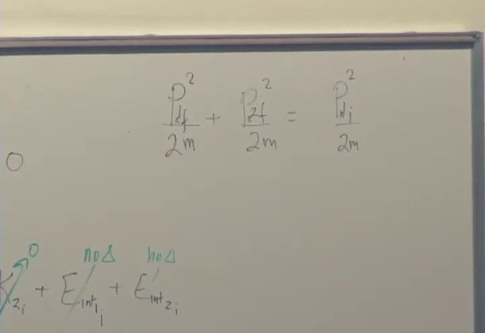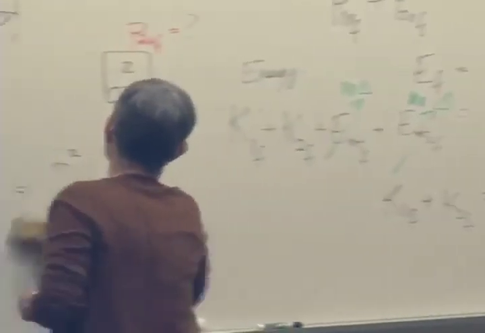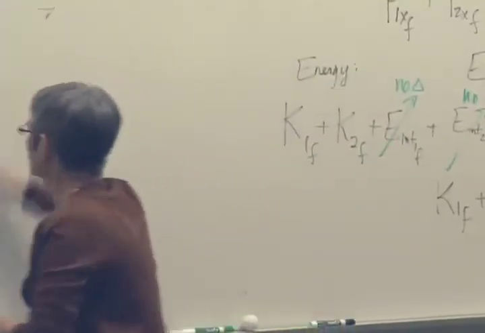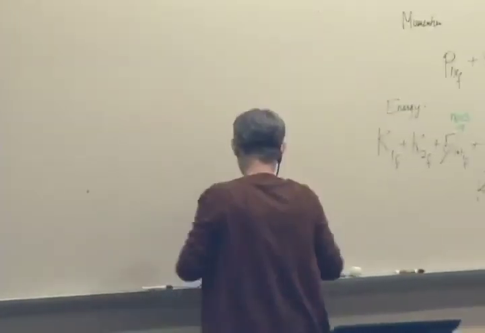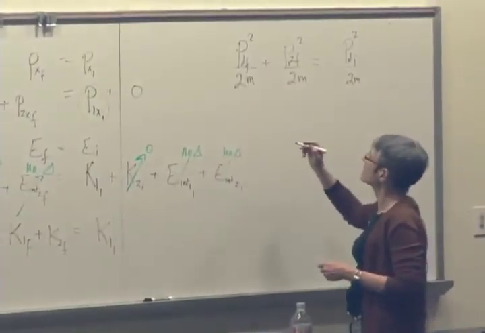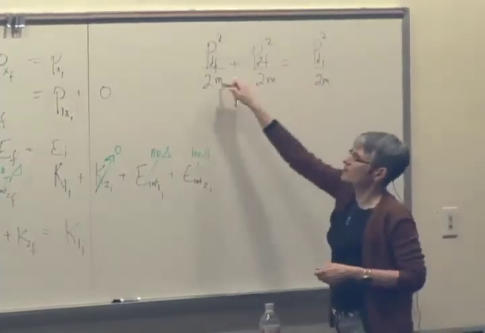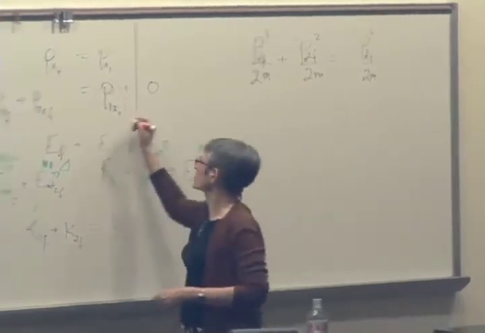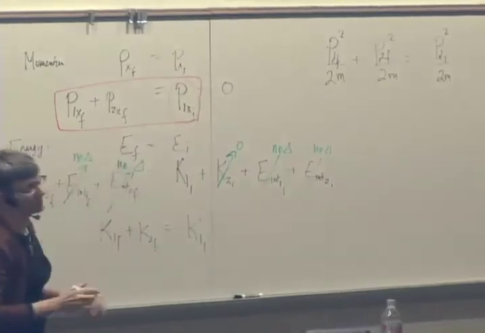Okay, so now we have 2 equations and 2 unknowns. And we can do the standard things one does to solve them. So we'll use substitution. We have P1 initial, P1 final, P2 final, but notice here that we can write P1 initial in terms of P final here.